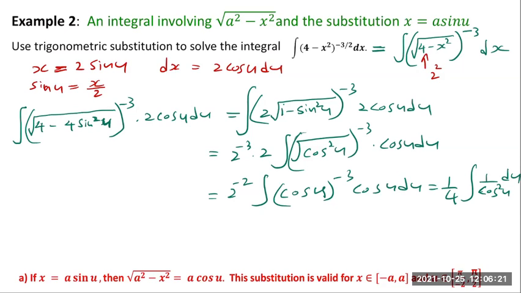Now, 1 over cosine squared u is secant squared u. The integration of secant squared u du, you know how to integrate this one. This is 1/4 times the integration of secant squared u, which is tan u. Of course, you need to have a constant, plus c.